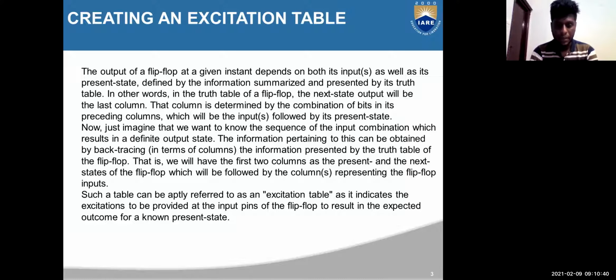Such a table can be aptly referred to as an excitation table, as it indicates the excitations to be provided at the input pins of the flip-flop to result in the expected outcome for a given present state. This is about the excitation table.